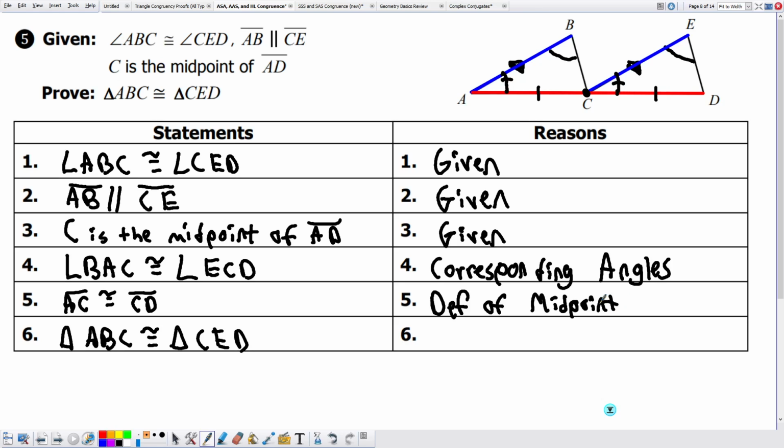Finally, concluding that we have our angle, other pair of angles, and then we have our pair of sides. So therefore, by angle angle side congruence, the two triangles are the same. And that is it for angle side for now.